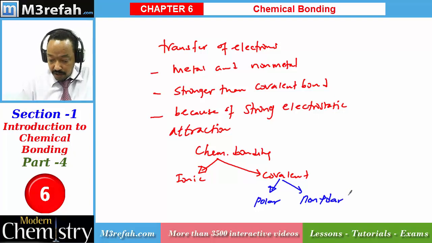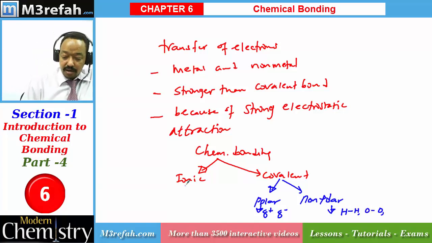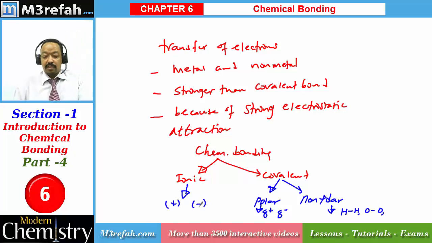In polar, we have these indicators, partial positive and partial negative. In non-polar, the atoms are the same kind, like hydrogen and hydrogen, oxygen and oxygen. In ionic, there should be a positive electrostatic and negative charge. So this will create ionic compound.